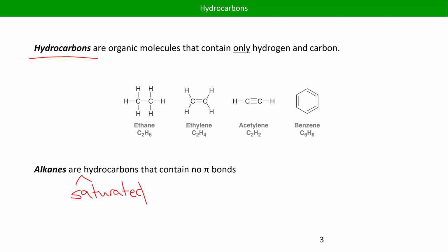And more specifically, as you can see from this example here, these are all hydrocarbons, because all of them only have carbons and hydrogens, but some of them have different functional groups.